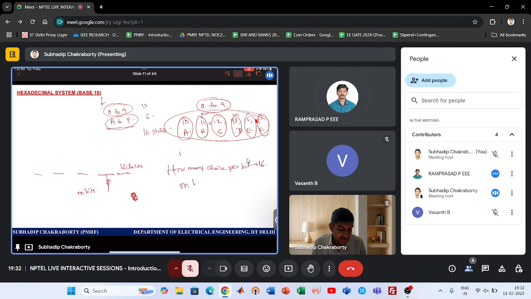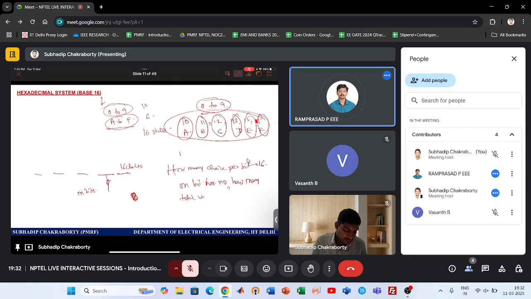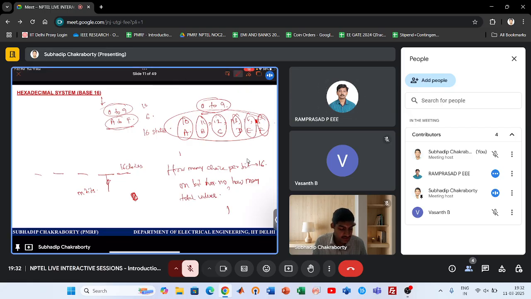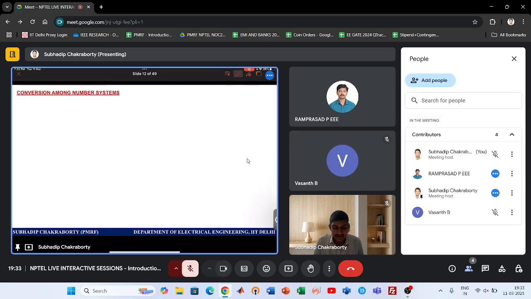So if it is an m-digit hex number, how many total values? 16 to the power m, right? Because there are 16 choices and then m placeholders. So for m digits, 16 to the power m values or states you can encode within those numbers. So it is also used in representation.